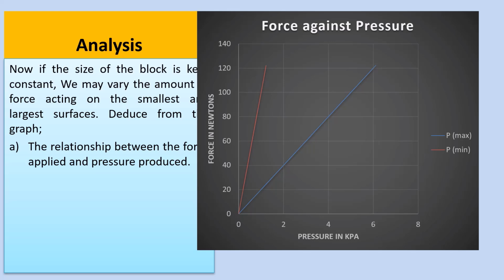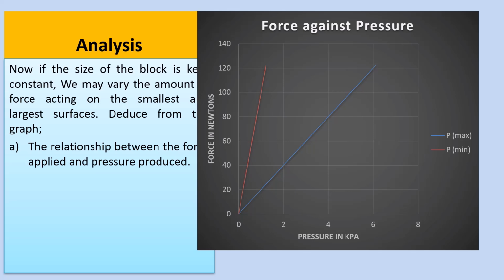Then we try to write the equation for defining these two straight lines here. So the first one, we know that we have varied force against pressure. So on the y-axis we should have force. Therefore, if we write the equation in terms of y equals mx plus c, the equation of a straight line, then we expect an equation that describes the relationship between force and pressure.